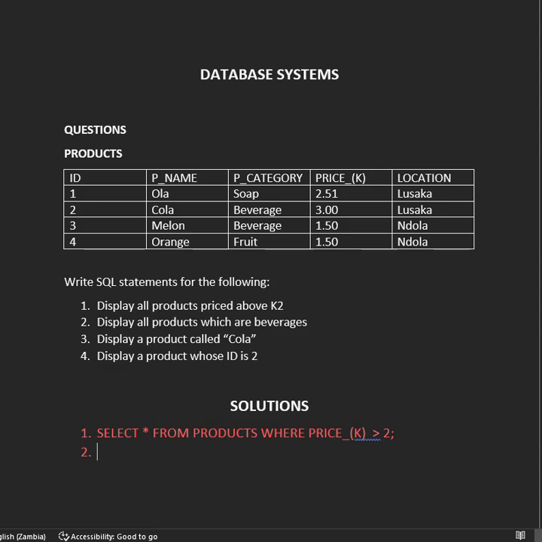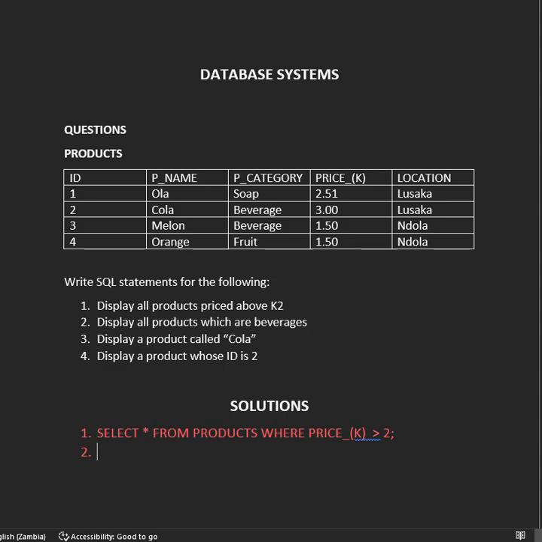With databases, you are likely to have a much larger table than this. Let's say you have a very large supermarket with different types of products, then you will have hundreds, if not thousands, of products in your database. So to locate products quickly, you need to write a query. What we're looking for is products that are beverages.